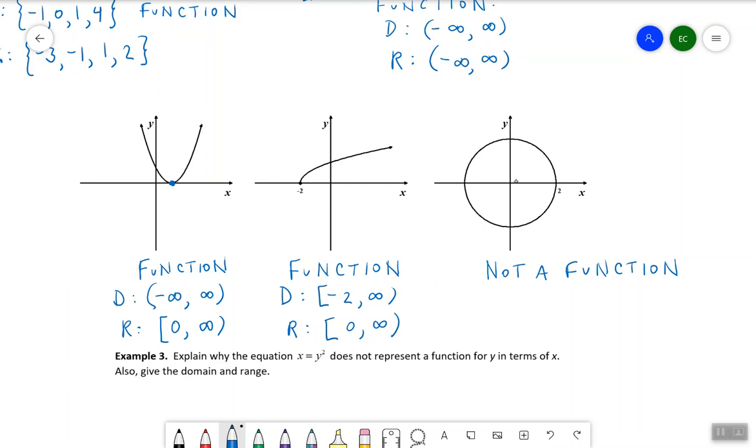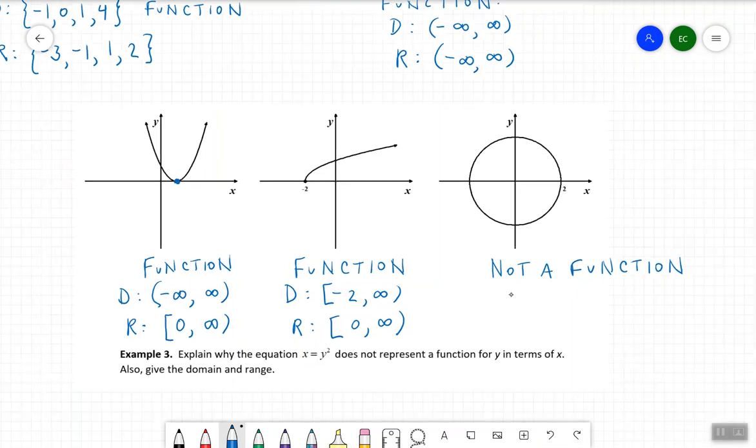Okay, for this last graph, this relation is not a function. It's a circle. We studied circles in the previous section, so that's nice. Let's see here. What is the domain this time? Well, if we look at the left end, we're coming out to here.